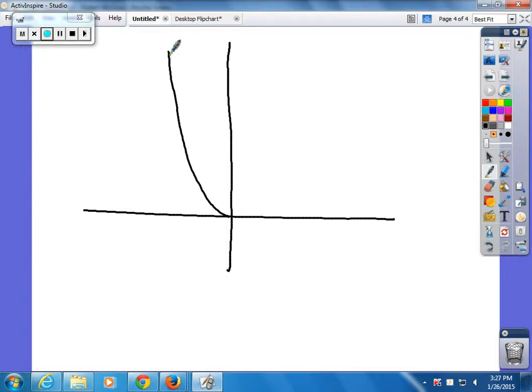Just use a regular parabola. And 0, 0, 1, 1, 2, 4.